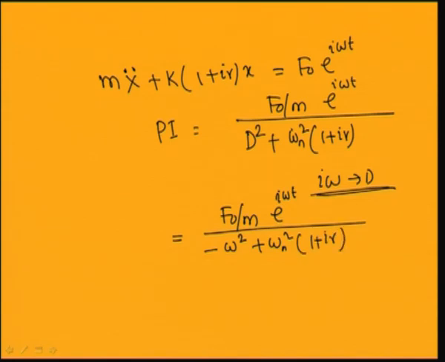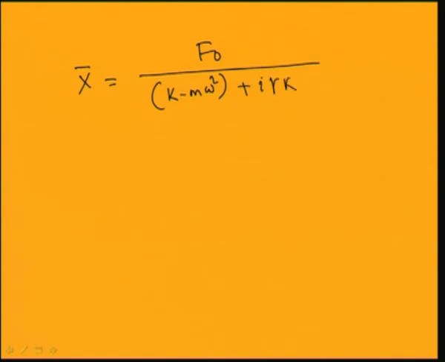If you rearrange these things, this particular integral, that is the steady state response of the system, you can write in this form. So, this will be equal to f0 e to the power i omega t by (k minus m omega square plus i gamma k).